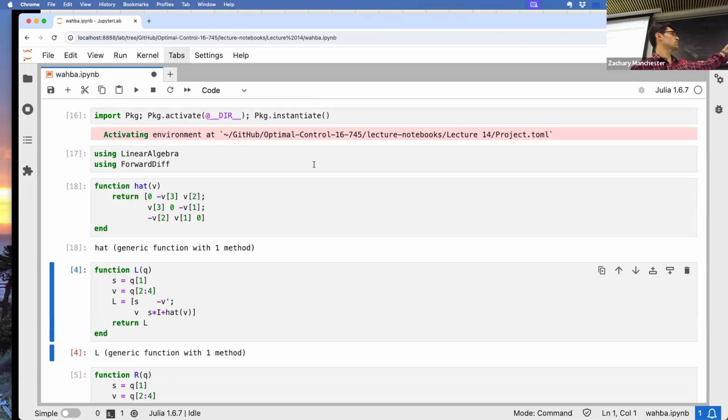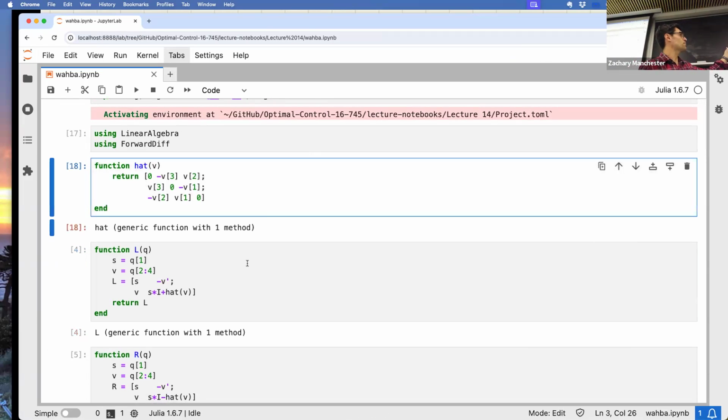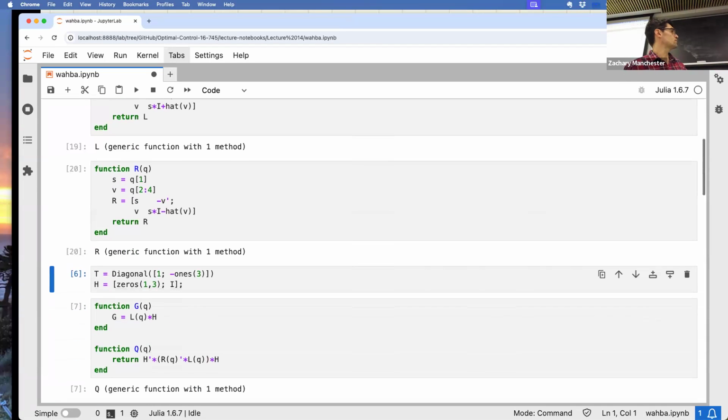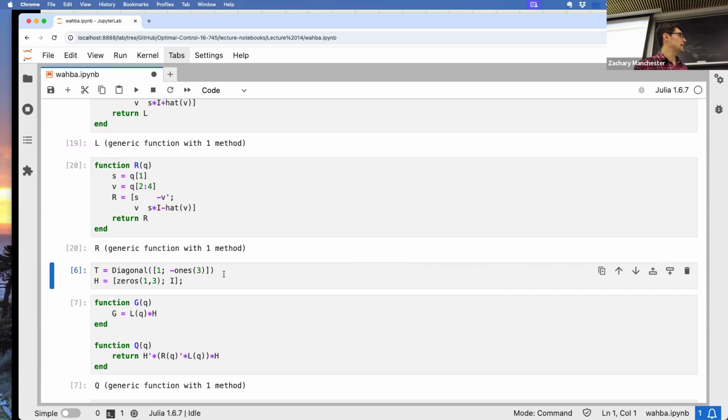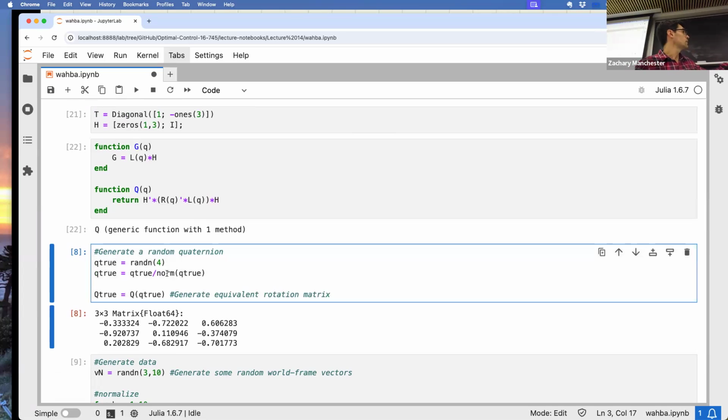Cool. So this is all the random functions we derived before. You've got your map cross-product-y thing, your L matrices, the E and H stuff. This is all just stuff to have. Attitude Jacobian, rotation matrix as a function of Q. The way I'm going to do this, I'm going to generate a random quaternion.